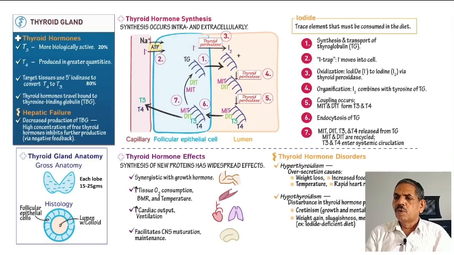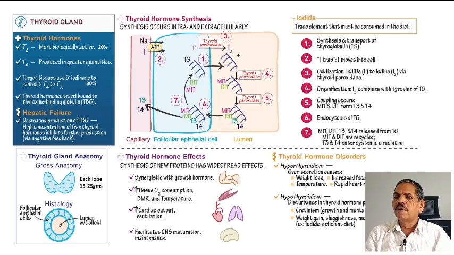These two thyronine, again with the help of thyroid peroxidase enzyme, will be making T3 and T4 along with monoiodo and diiodothyronine, and these are all in combination to the thyroglobulin molecule.